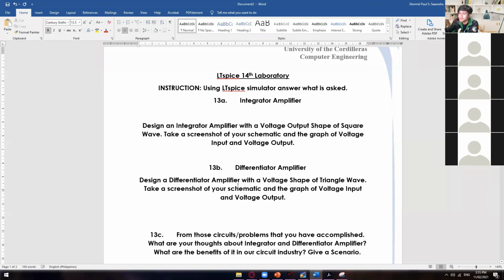And then same with the differentiator amplifier. They are basically the same concept, it's just a different arrangement of components. In here, I'm asking you guys to come up with a circuit wherein we have an output of triangular wave, or triangle wave.